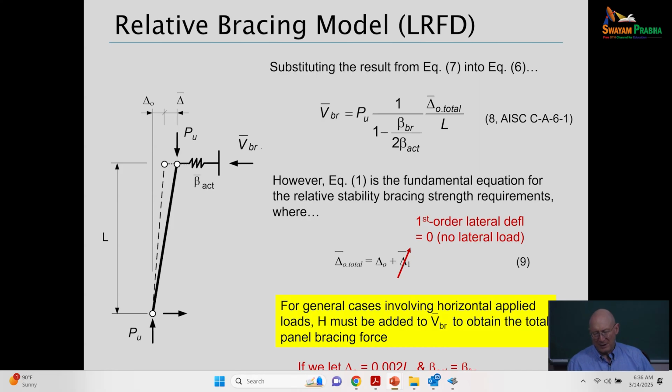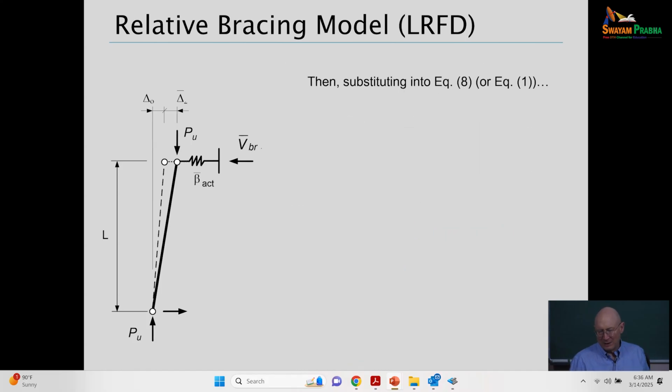And let's let the beta actual be equal to beta BR, the required bracing stiffness. If we do that, what we end up with is the shear that we need to take within this spring at the top of the column. That could be a nodal spring at the top of the column, or it could be a shear panel, basically controlling or resisting the relative movement top to bottom.